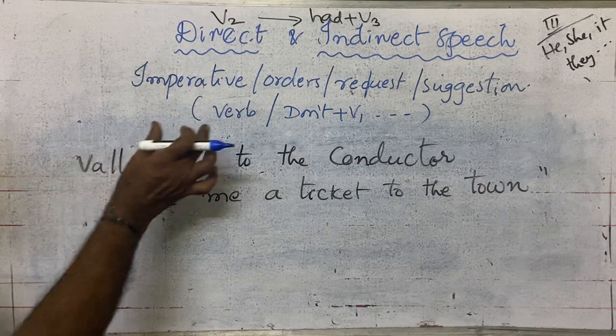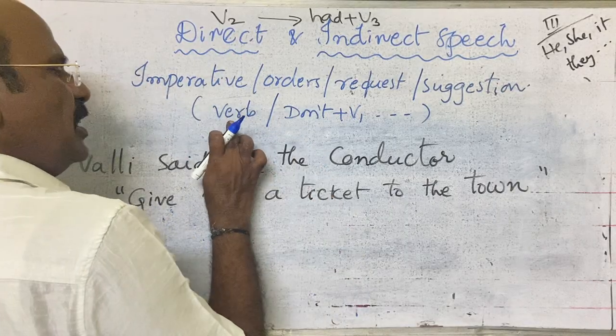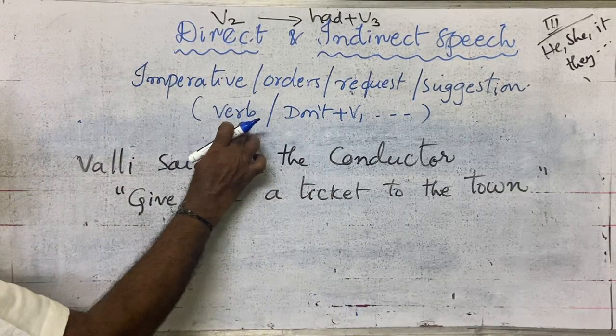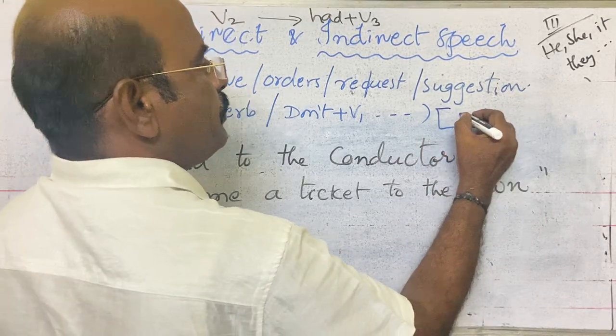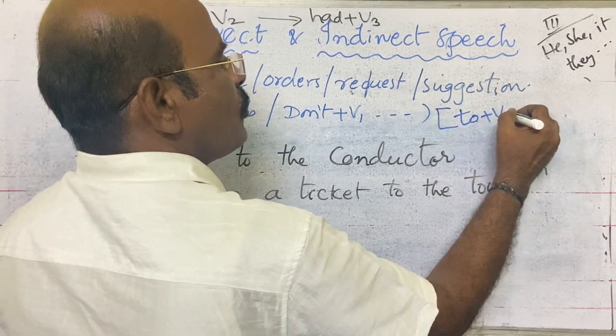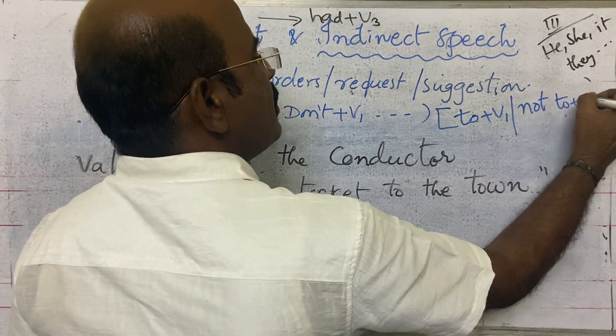But here the conjunction, how you have to take the conjunction, to or not to. If the verb is positive, you are taking conjunction to plus V1. If it starts with a negative, you are taking not to plus V1.